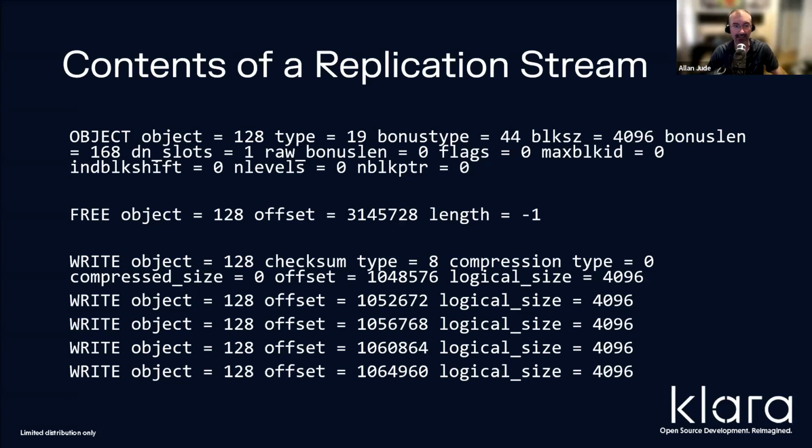And then we have write commands that say, at this object, we're setting its checksum as this and its compression is that. And we say, at this offset of 1 megabyte, we've made a change for 4 kilobytes of data, and then at another offset, another 4 kilobytes. And we just send the blocks that actually changed.